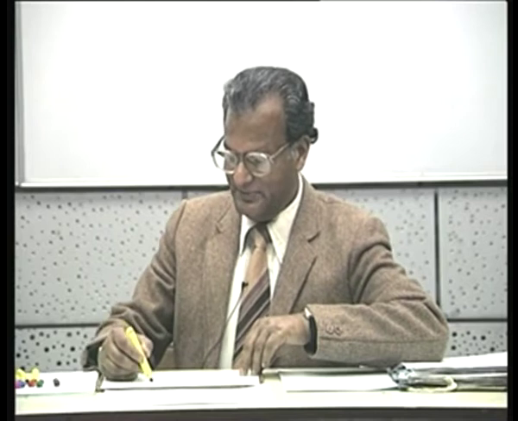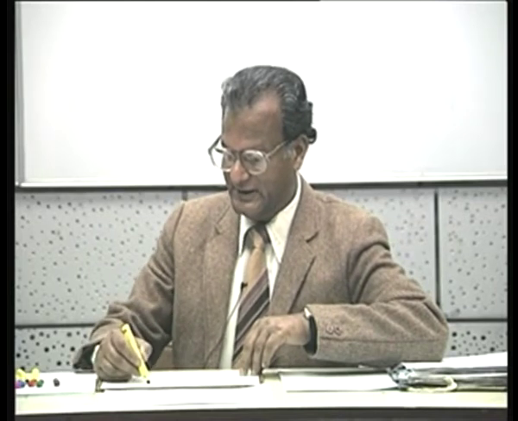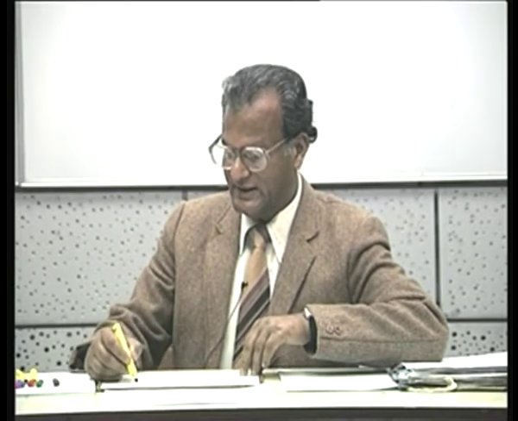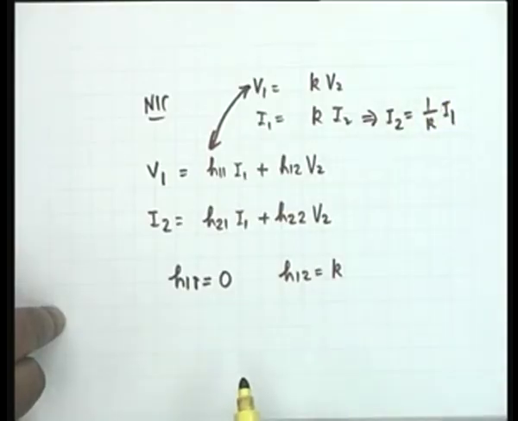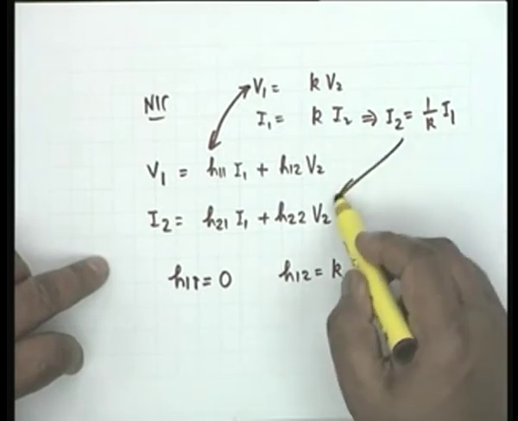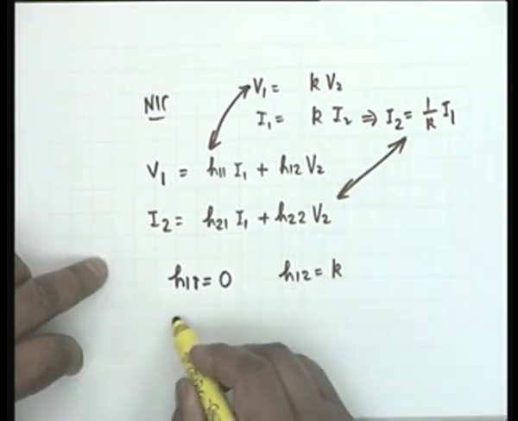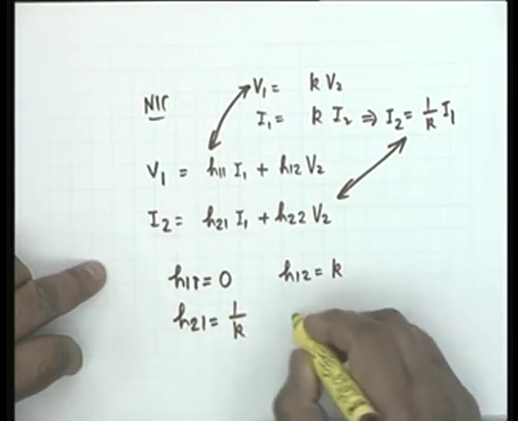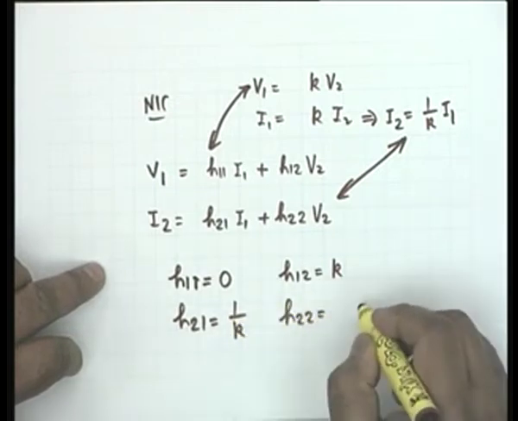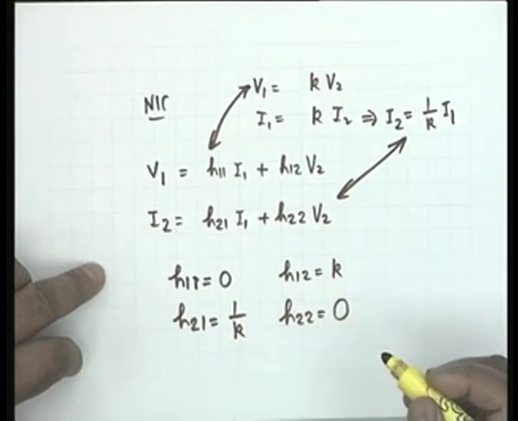And I compare this relation with this, but before that let me convert this as I2 is equal to 1 over K I1. I can write it that way. Now I compare this with this, then I get H21 as 1 over K and H22 is equal to 0.